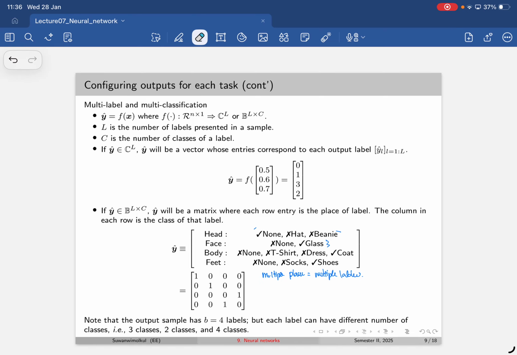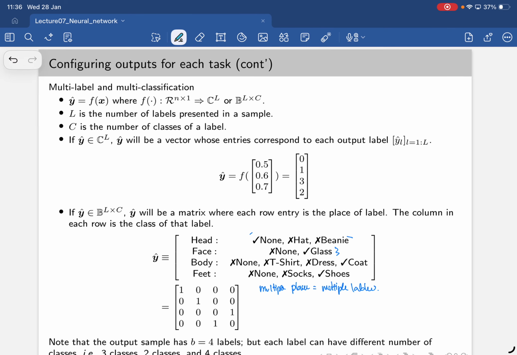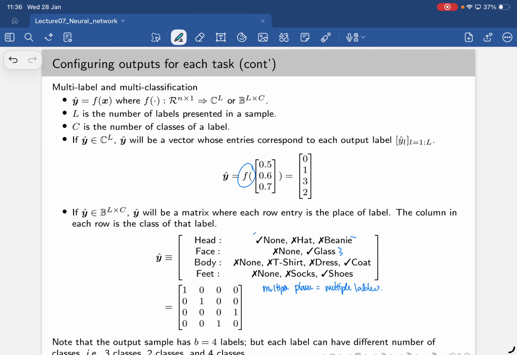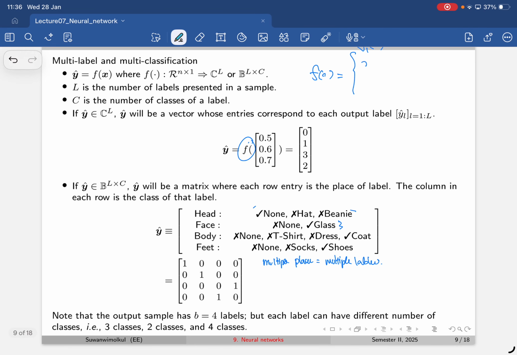It's possible in deep learning to extract multiple outputs from a neural network. For example, in this case, although I wrote it as F, this F could provide multiple outputs, like F1 maybe just for the head location, F2 just for the face, and maybe F3 and F4 for the feet and body.